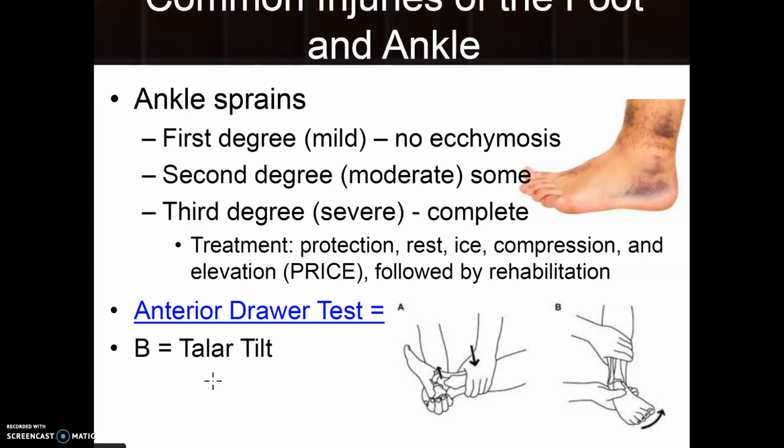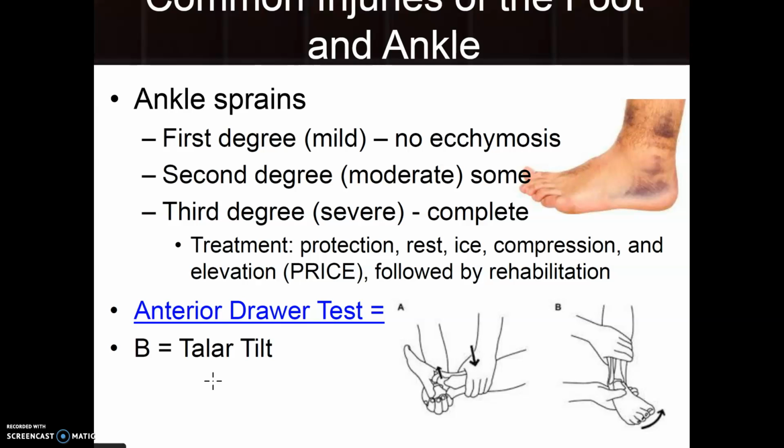Ecchymosis is always a good indicator, especially if they injured it days ago, say 3 days ago. The more ecchymosis you'll see starts to show up in the tissue because it's had enough time to migrate towards the surface.